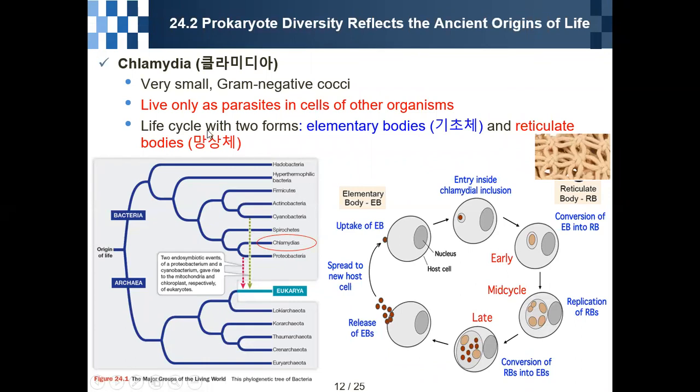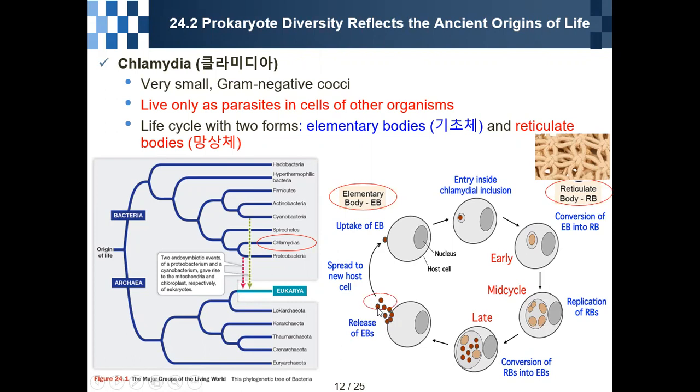They have two forms: the elementary body, which we call EB, and the reticulate body. Their structure looks like a net. In Korean we call it 망상체, reticulate body, RB.